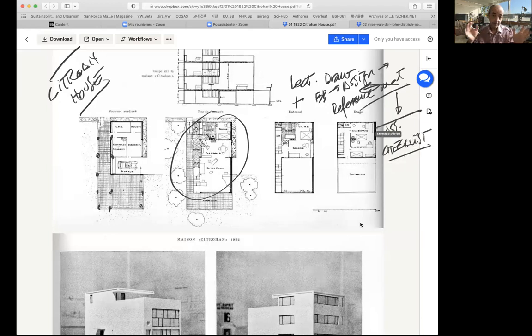So look at it, the general points and the ones related to structure. See the checklist before you do anything. So one possibility is the Citroen house.